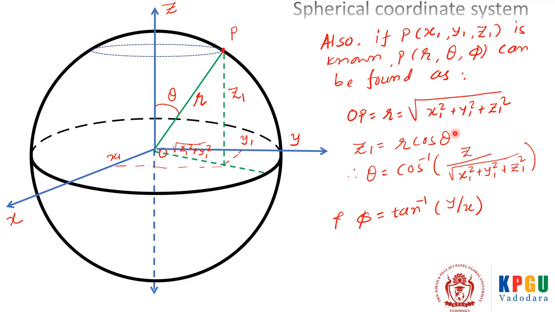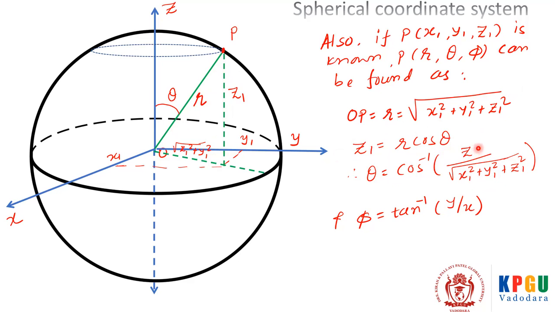Very easy. Now, as you already know that z is nothing but r cos theta, cos theta is going to be z by r, and r is already known. So here theta is cos inverse of z1 divided by square root of x1 square plus y1 square plus z1 square. This is z1, I hope you understand.